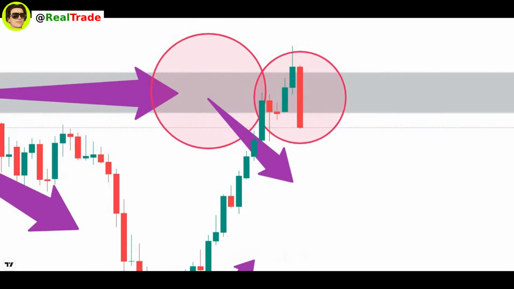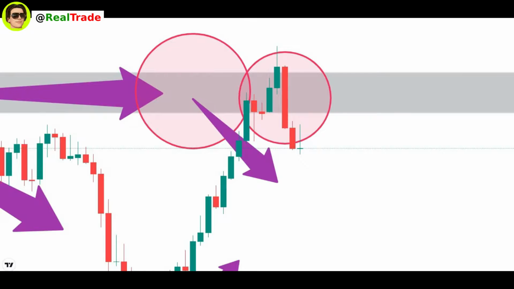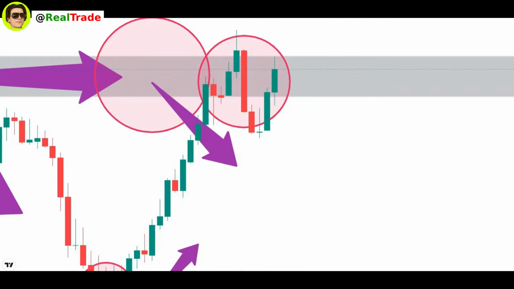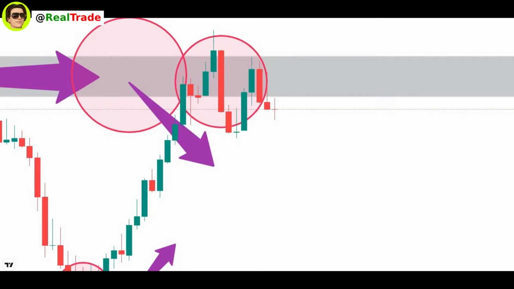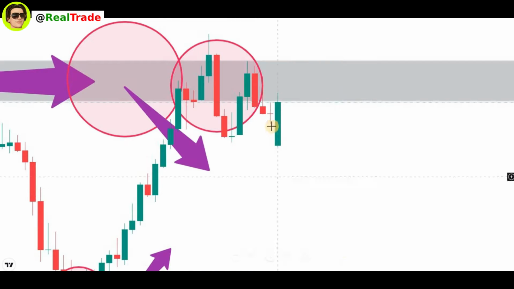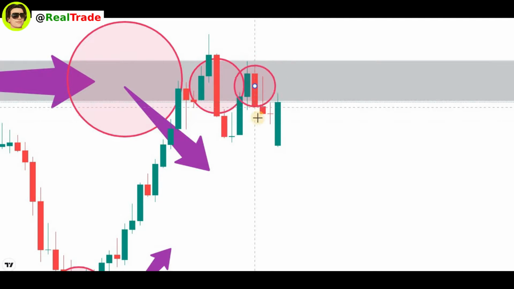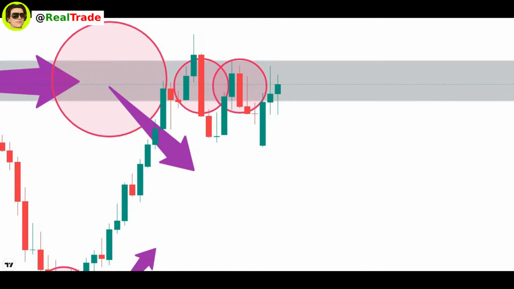Focus on the chart. Yes, continue. This candle is fat line candle. Big candle, full candle, and fat line candle.